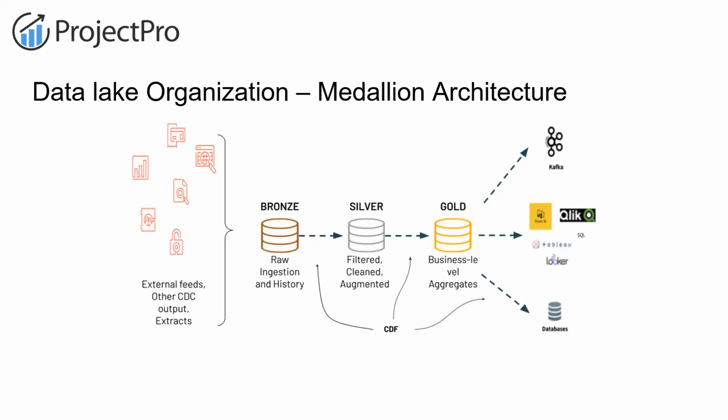When we segregate this data into these three different layers, if we are using Azure Blob Storage or Azure Data Lake as our data lake, then we might create different storage containers for these three levels of data: bronze, silver, and gold. In case of AWS, we might create three different S3 buckets, and that is how we manage our data.